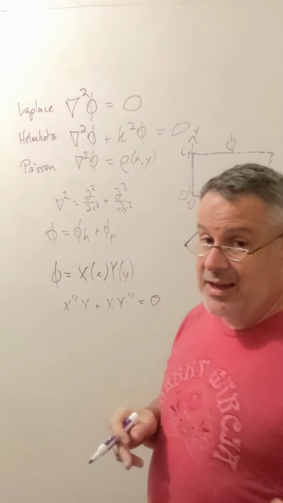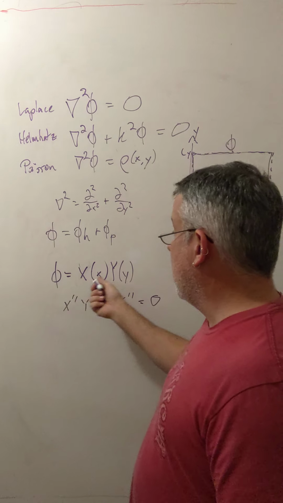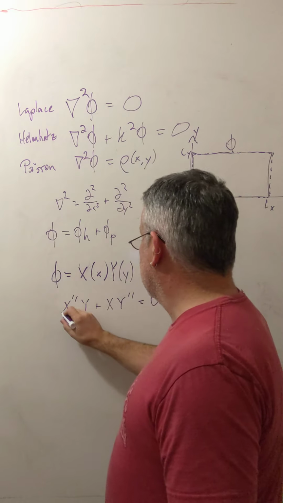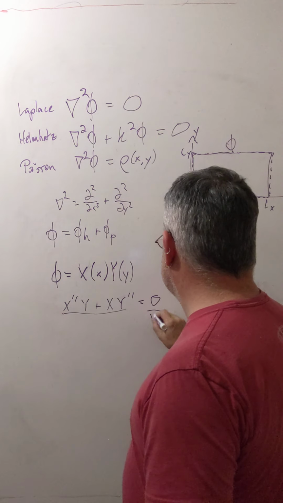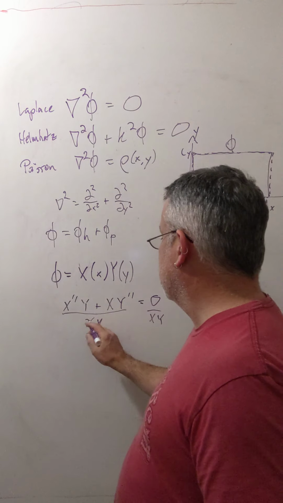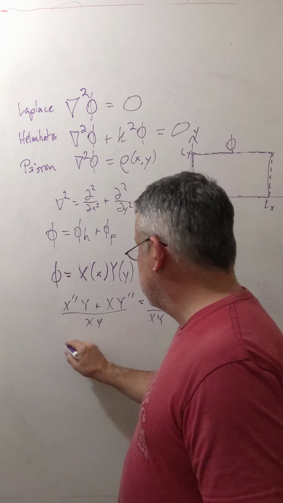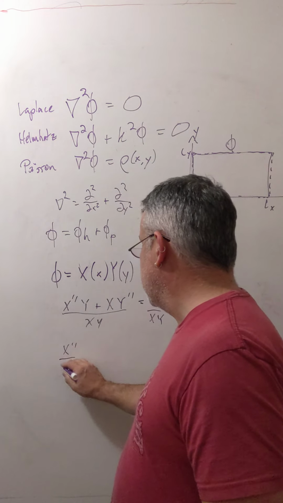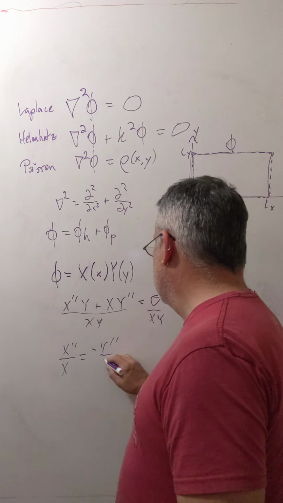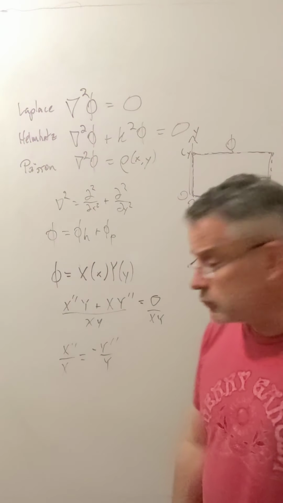And I can assume it's not 0 in most places, at least, because it's not the trivial solution where phi equals 0. So I'm going to divide this whole equation on both sides by x times y, and I'm going to collect the x part on this side, x double prime over x, equals minus y double prime over y on the other side.